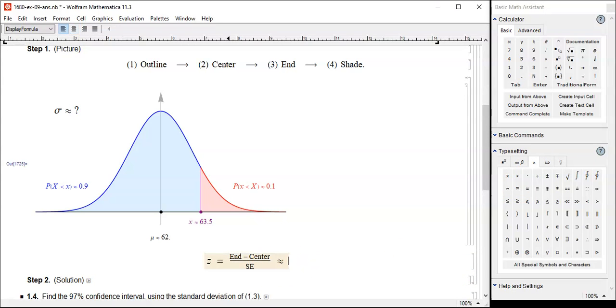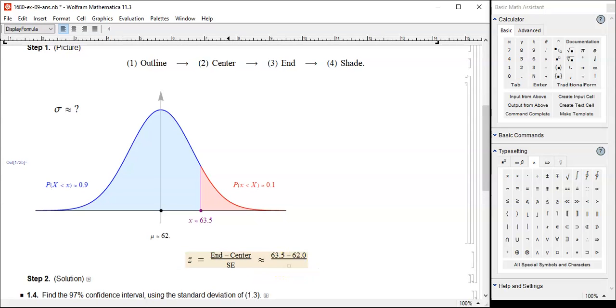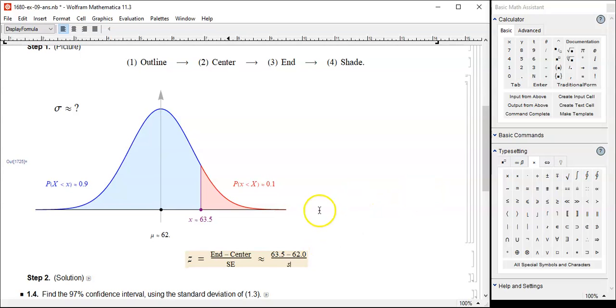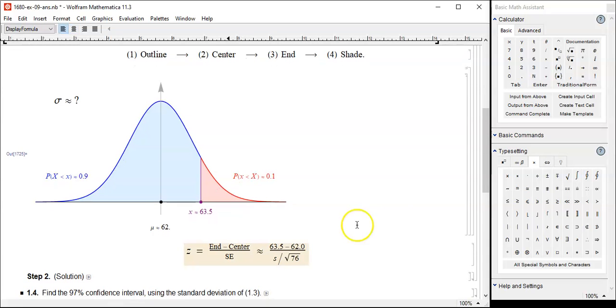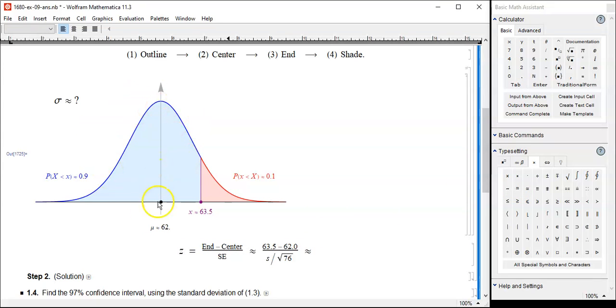N is 63.5, center is 62.0, and then the standard error is standard deviation, which we don't know, S over square root of 76. And that's approximately equal to the z-score associated to 90% here, to the left, 10% there.